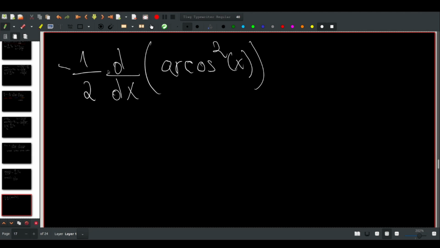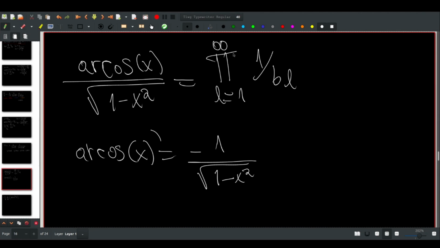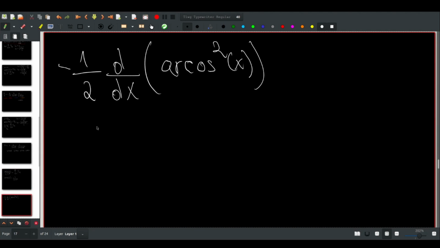Right, because this derivative would be twice the arc cosine times its derivative, and the 2's cancel and the minus cancels as well. So great, but this isn't helpful unless the left-hand side can also be written as a total derivative of something. Well, it wouldn't surprise you to know that this is actually possible. Otherwise, I wouldn't be telling you about it.